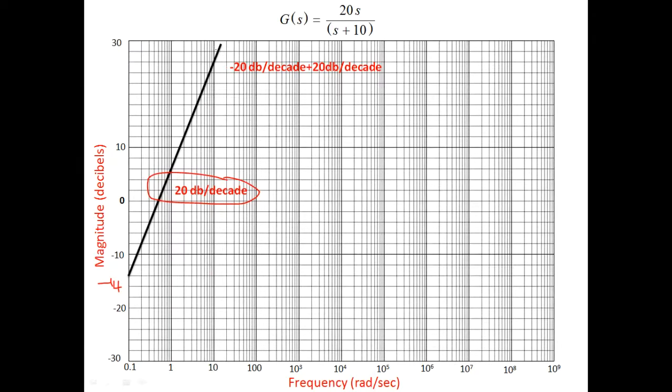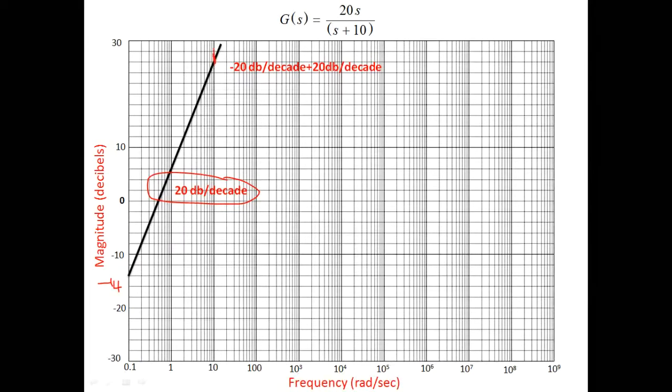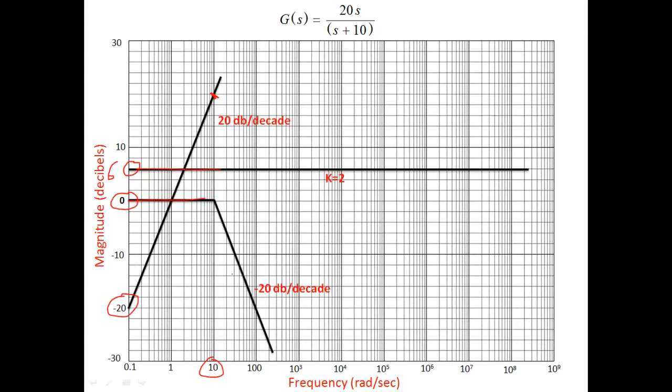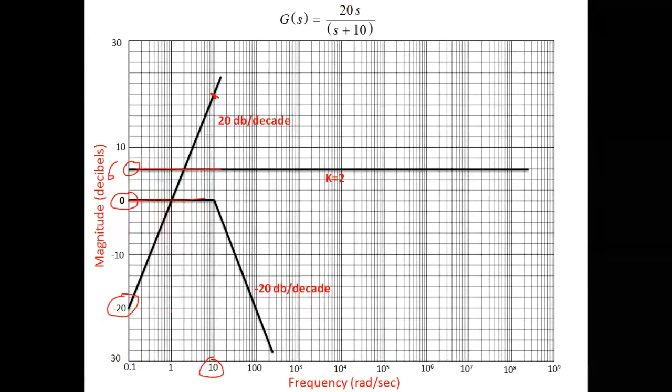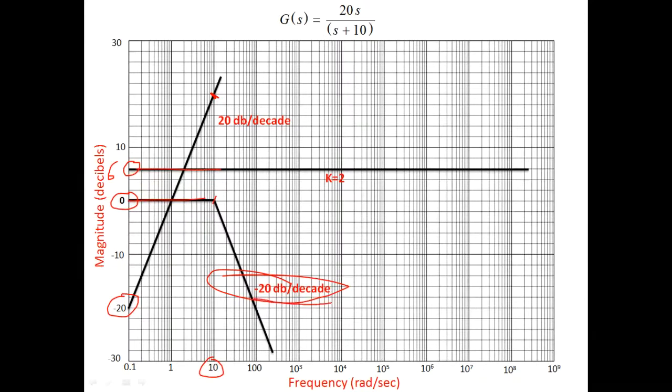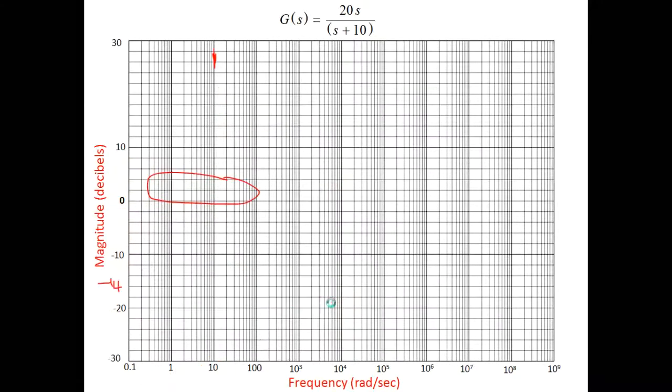Then at 10 we'll have another slope, which is minus 20. So that means we'll have a constant, since we have 20 decibel plus minus 20 decibel.